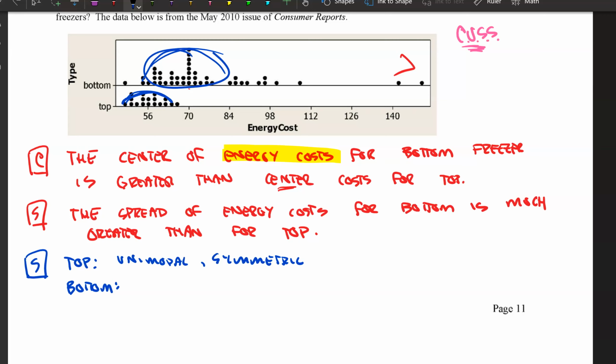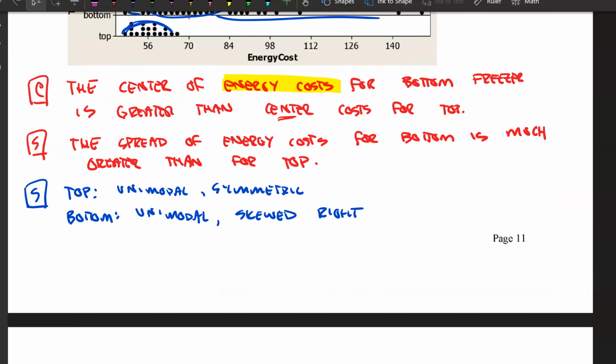Unimodal here, and then circle your data, skewed to the right. So if we wanted to use comparison words here, we could as well. They don't care about it as much on this one, but we could say they are both unimodal. However, top is symmetric and bottom is skewed right. But comparison words here are not needed. Just by how they've graded past tests, comparison words are needed for center and spread.